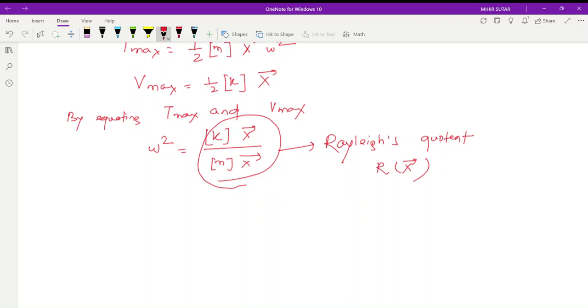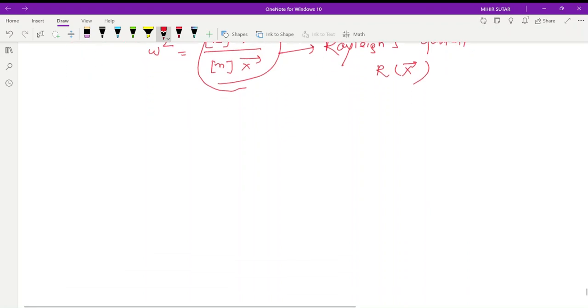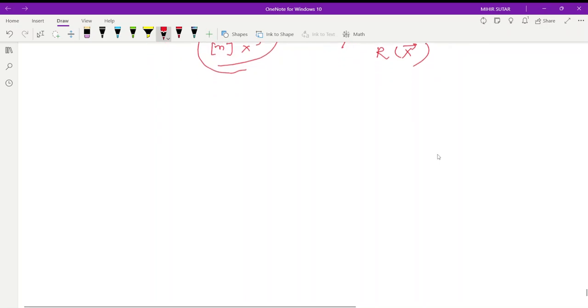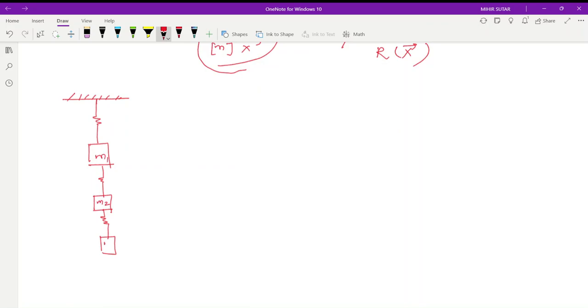Now using this Rayleigh's principle, if we solve the same example that we have solved, okay, this spring mass system is there, we have this mass m1, m2, m3, we have k1, k2, k3, okay.